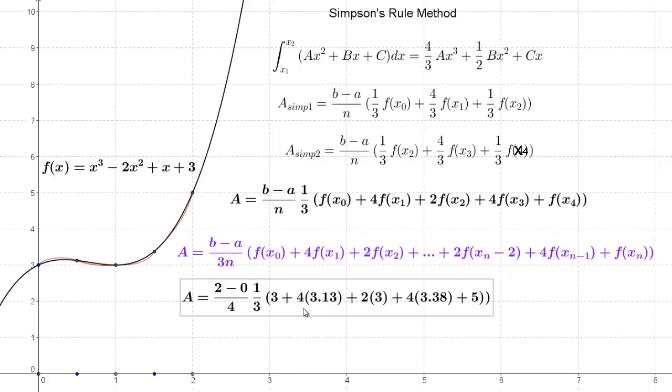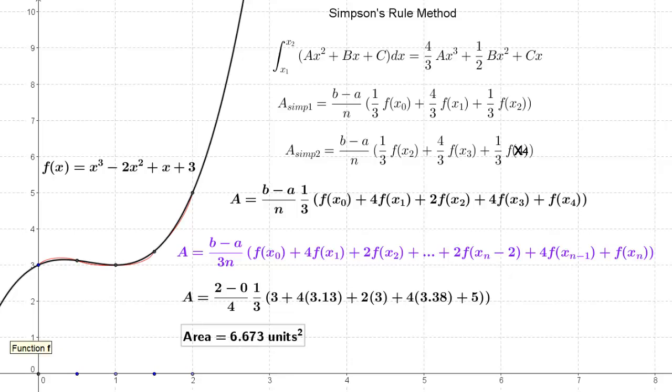So x1 is f of 0.5, x2, which is multiplied by 2, is f of 1, and then x3, which is multiplied by 4 because it's an odd term, is f of 1.5. When we add those together, the area using Simpson's rule with only 4 subintervals is 6.673.